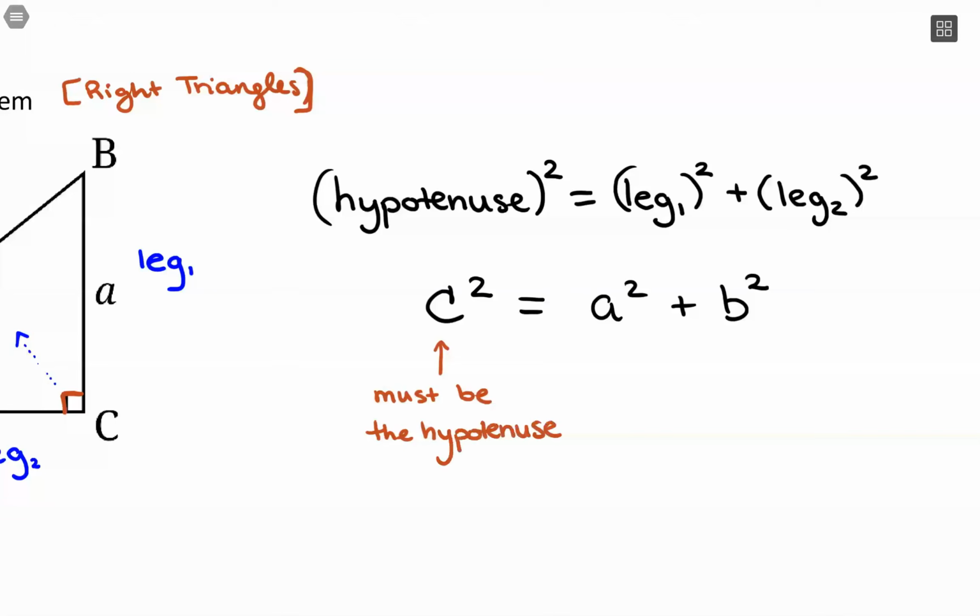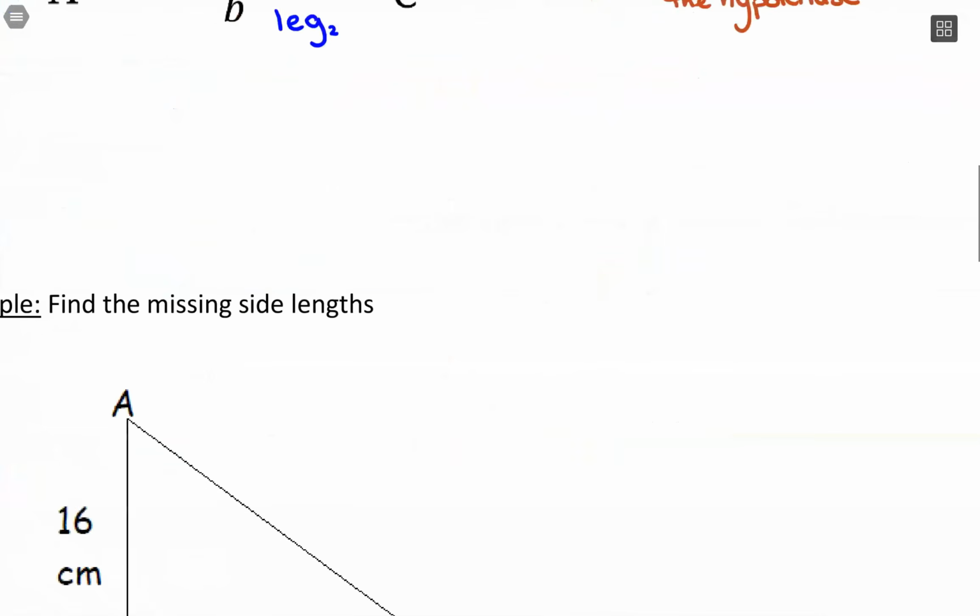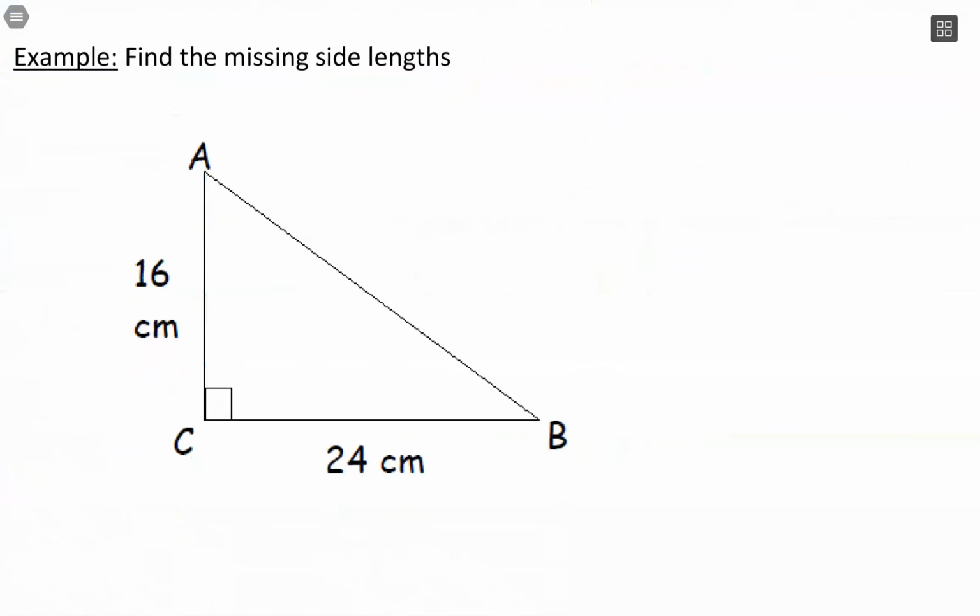So let's try this out. So let's say we have this triangle right here. We want to make sure it's a right triangle, so you give us a symbol so we know we're good to use the Pythagorean theorem. Then we just want to make sure where is our hypotenuse. So it's going to be side length AB. Again, it's across there. So this would be our hypotenuse.